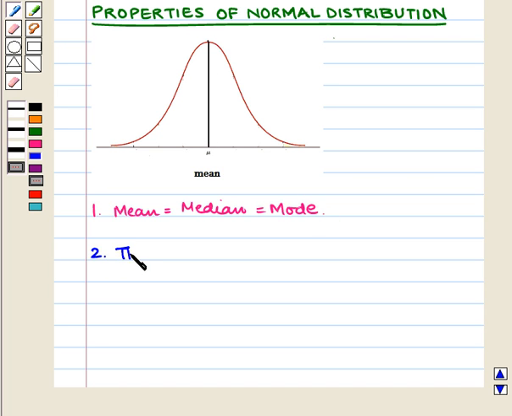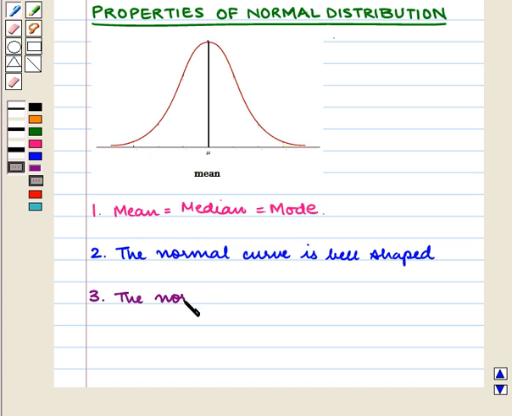The normal curve is bell-shaped. Also, the normal curve is symmetrical about the mean.